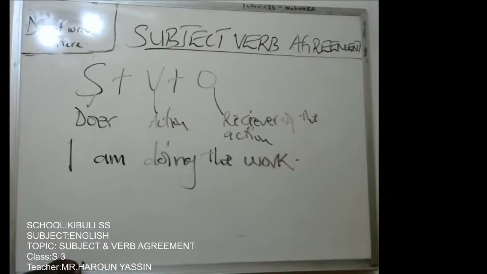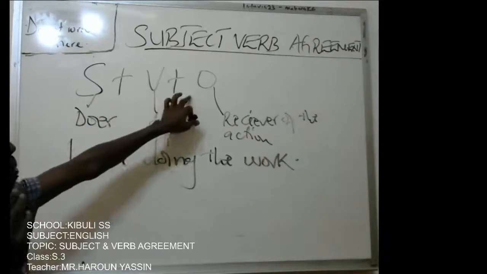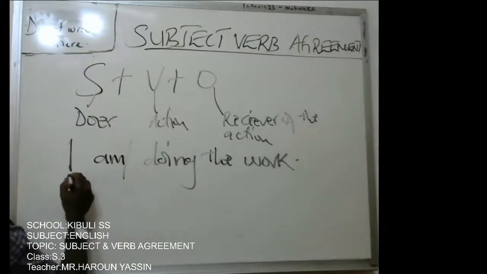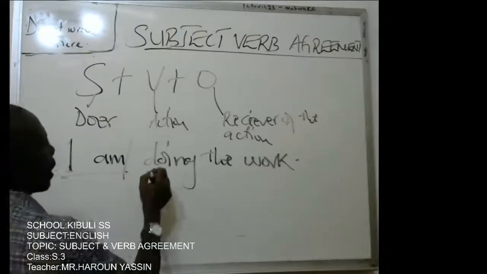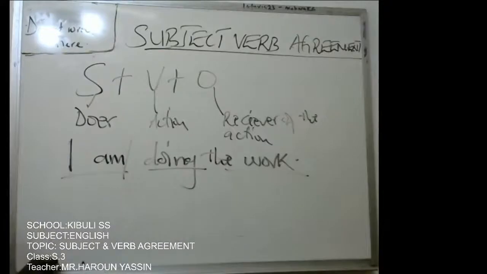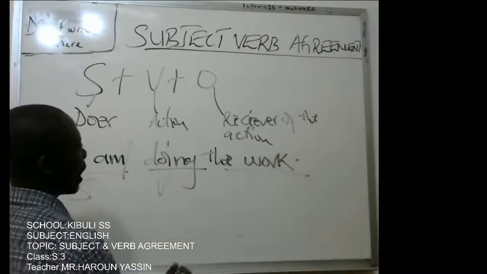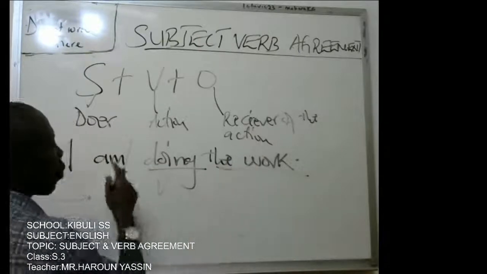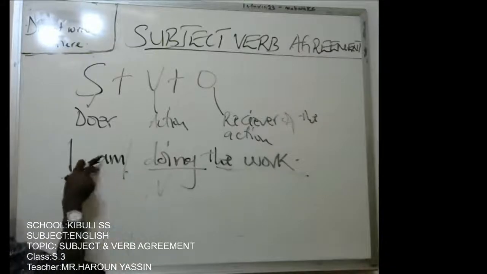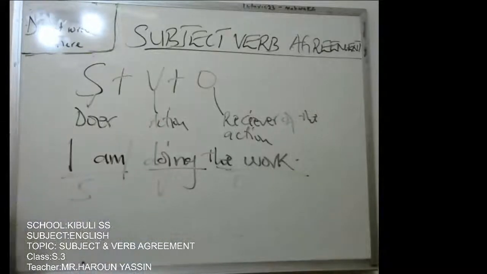So I'm going to divide this sentence into the 3 aspects we have listed here: the subject, the verb, and the object. Here I'm going to have I am, and I will have doing, and I will have the work. So I am here is our subject, doing is our verb, which is the action, and the work is what is being done by the subject here. So this is our object.